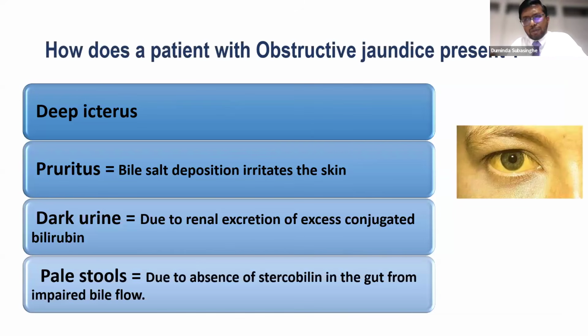Now, in your long case, in the wards, in the exam, you will find a patient. First, straight away, we need to confirm that your patient has obstructive jaundice. So these are the cardinal features. Deep icterus, everybody knows what icterus is: yellow discoloration of the sclera. Certain patients get pruritus due to deposition of bile salts in the skin, which is an irritant, but not all patients.